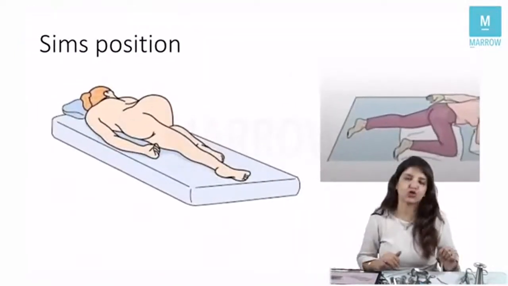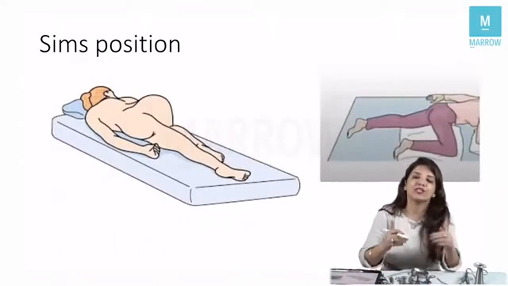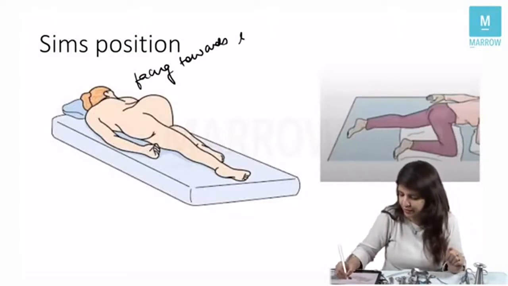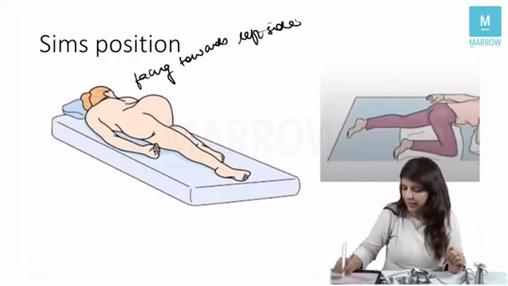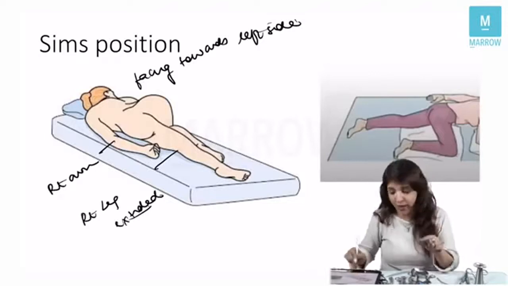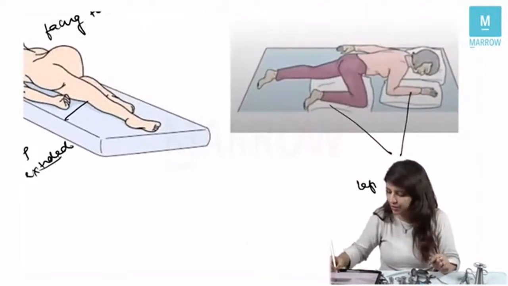In SIMS position, you ask your patient to lie in prone position facing towards the left side, right? So the patient has to be facing towards the left side. The right arm and right leg are extended, whereas left arm and left leg will be flexed.